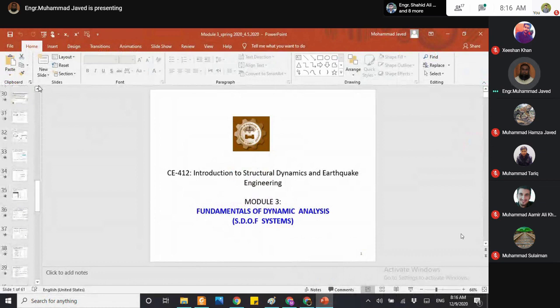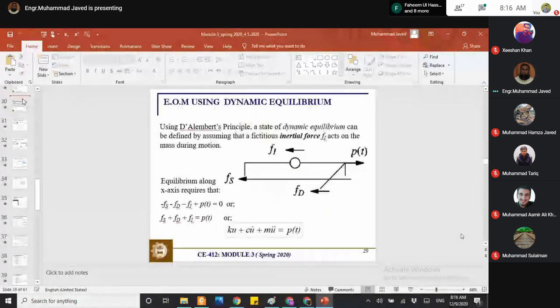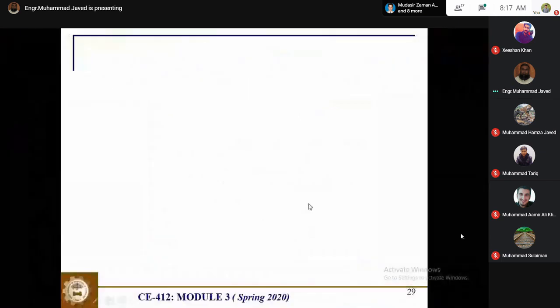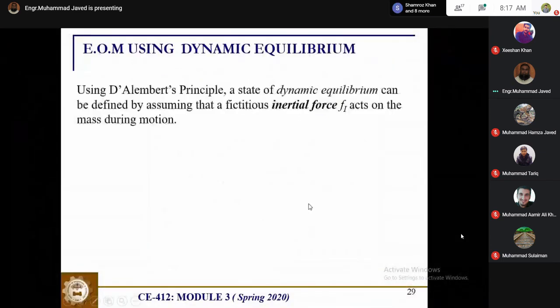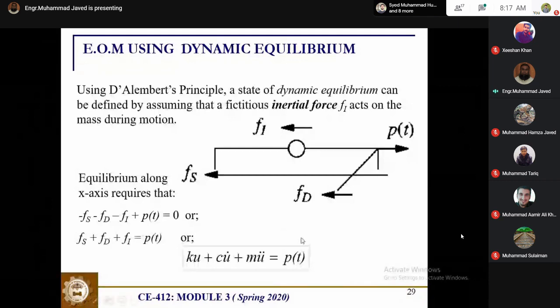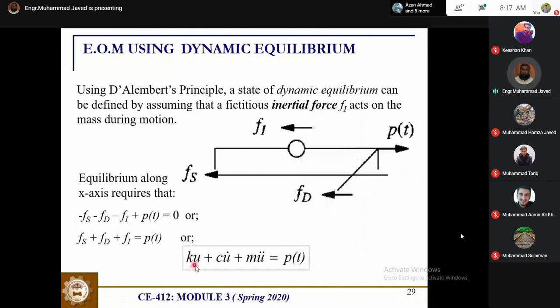Now, if you remember, if you follow the movement of the cursor, this is the equation of motion.